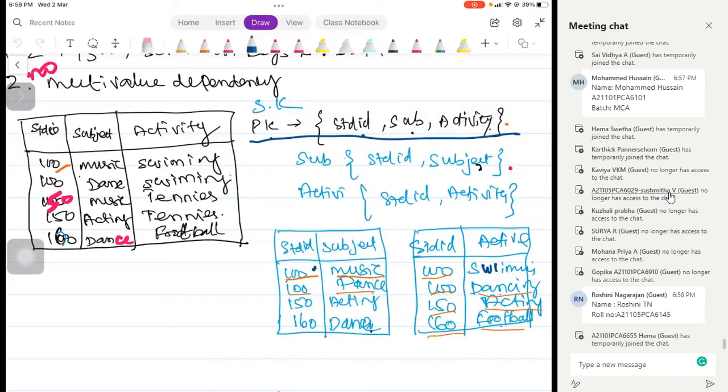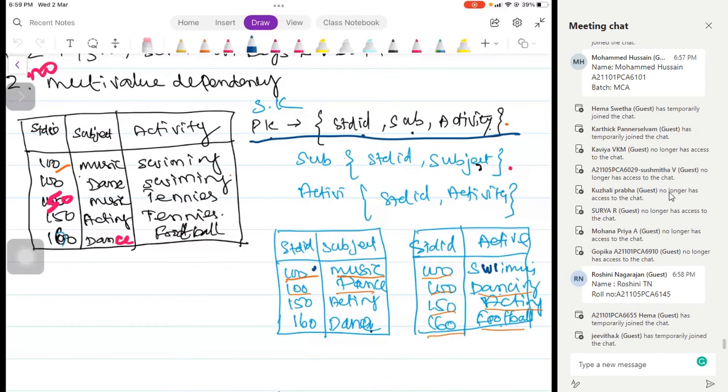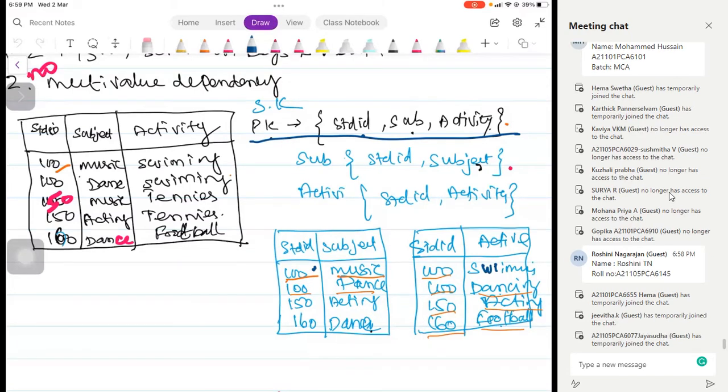The same student ID, he may swim as well as dance. 150 is acting. 160 he is playing, he may dance as well as he may play football. So you can split it into two tables, but you can have more than one value for this student ID.